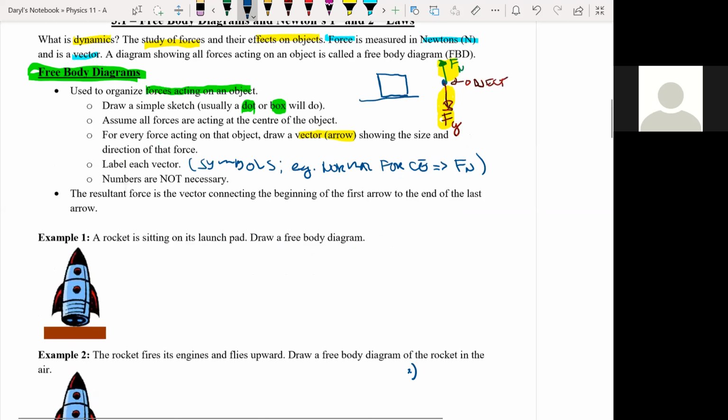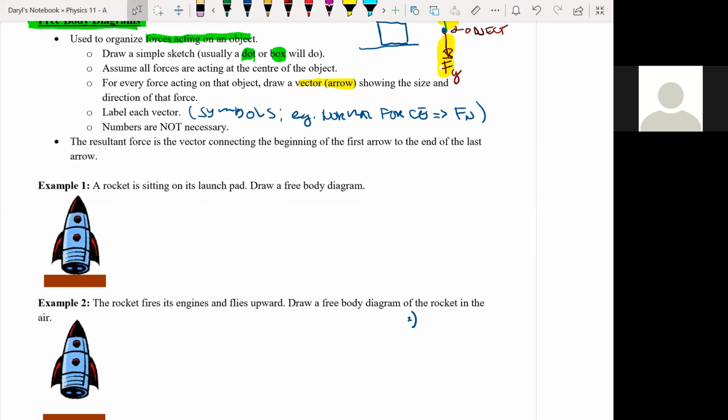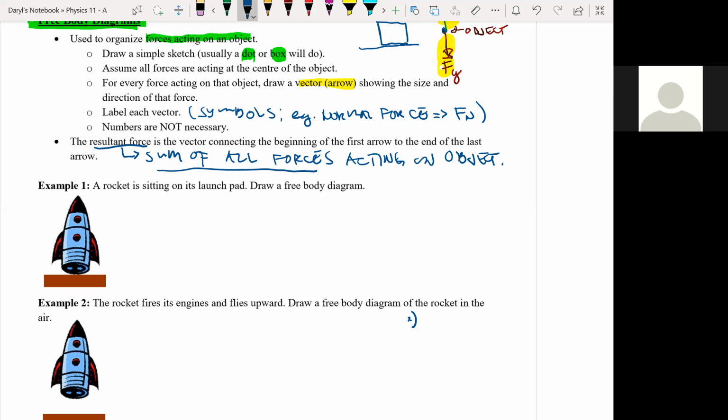When you say resultant force, this is just the sum of all forces acting on the object. Same thing as before, if we talk about the resultant, you just take the sum.